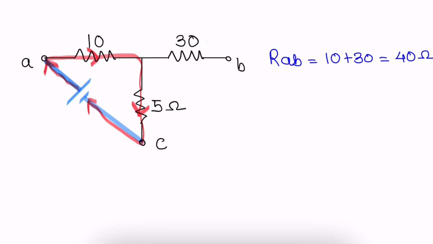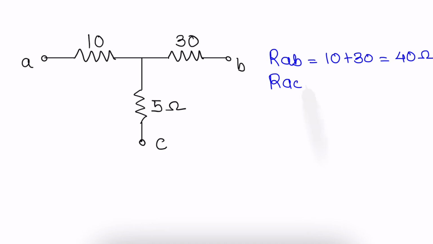So here also we can observe there is no current through the 30 ohm component. So this 30 ohm component won't come into the picture, and the same amount of current flows through 10 ohm and 5 ohm. So they are in series.